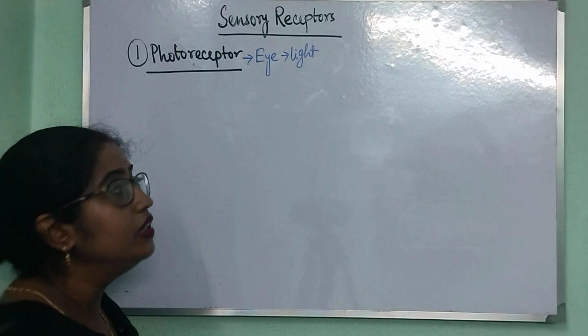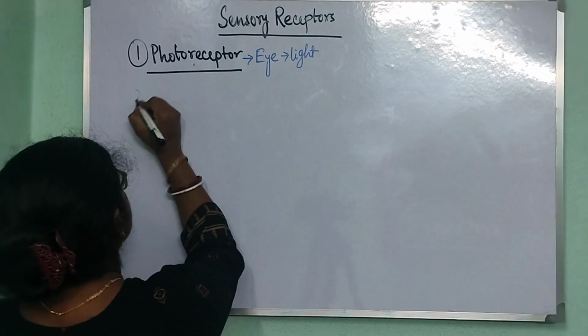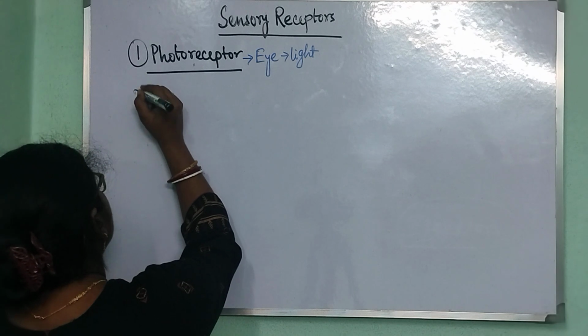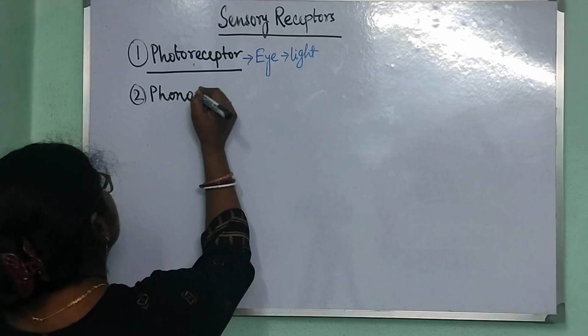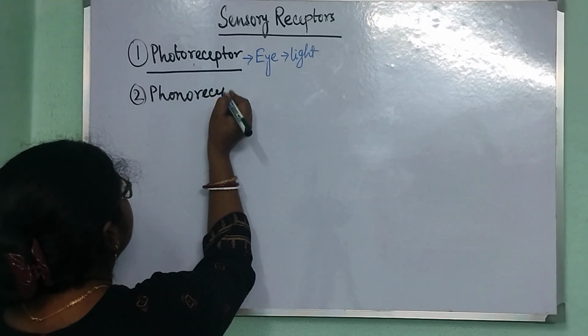Next we have the phonoreceptor. The second kind of receptor we have is the phonoreceptor.